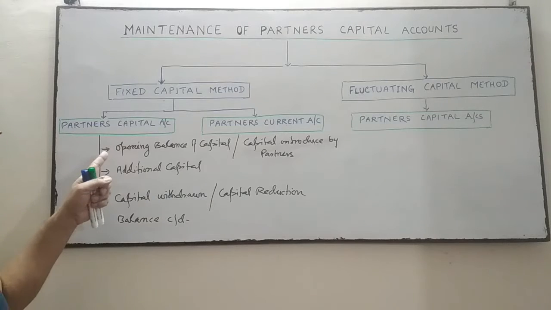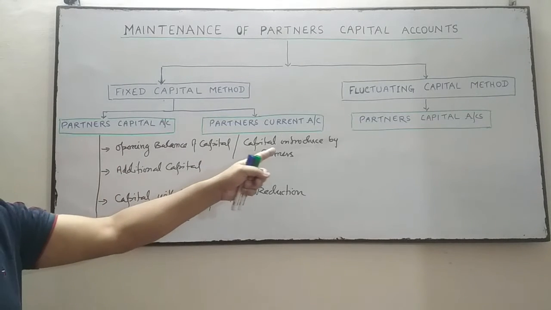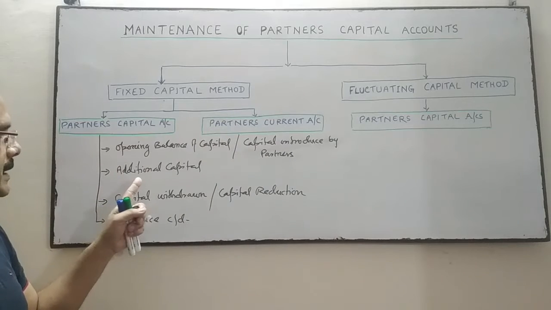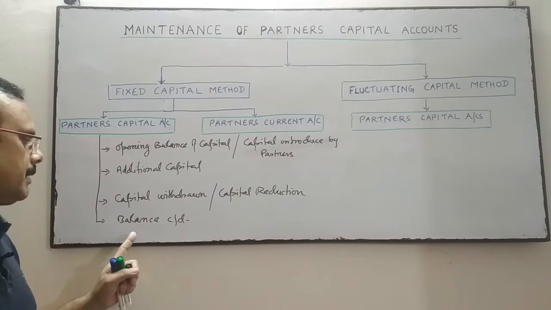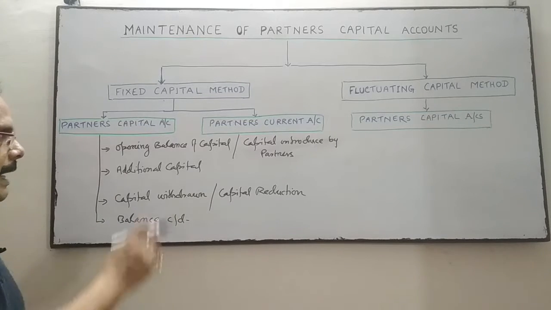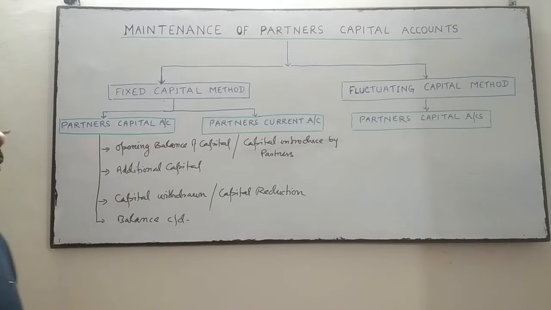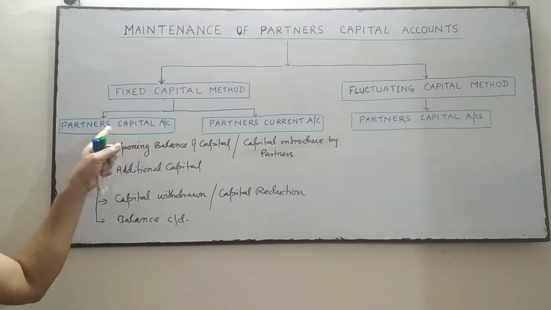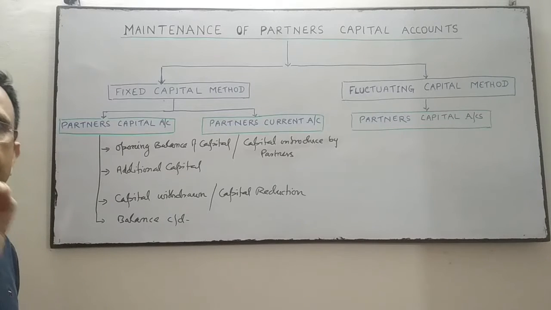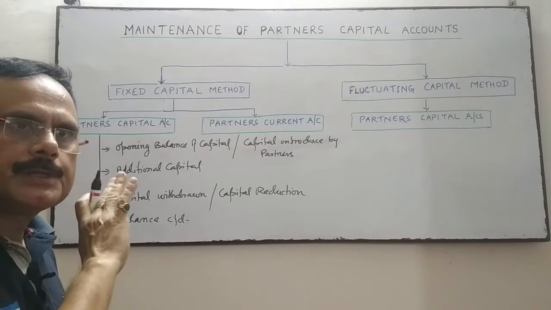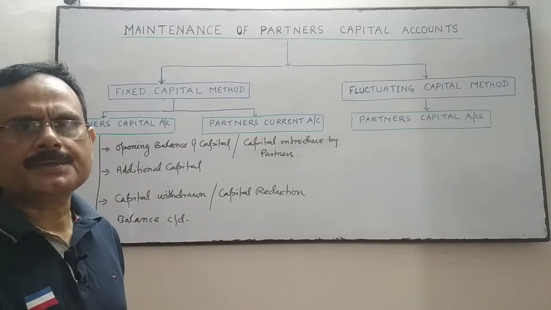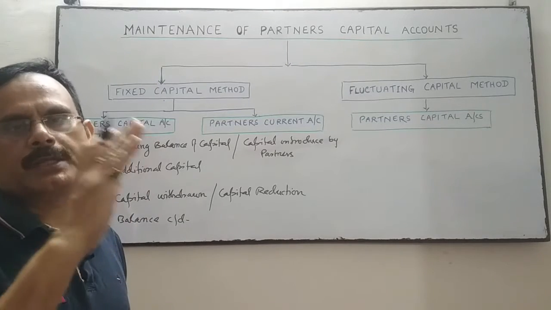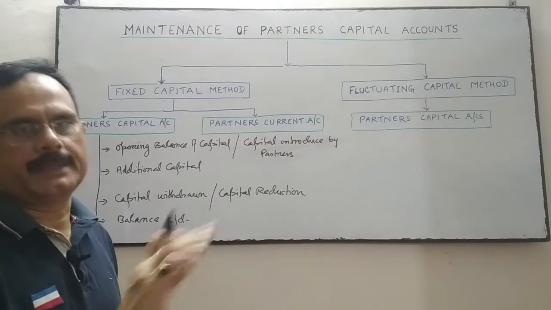So when the capital is fixed: opening capital balance or capital introduced by the partner, additional capital, capital withdrawn, also called capital reduction, and finally balance carried down. The capital balance of partners capital account will always be a credit balance. It will never be a debit balance. It may be no balance, or if there is a balance, it is always a credit balance.